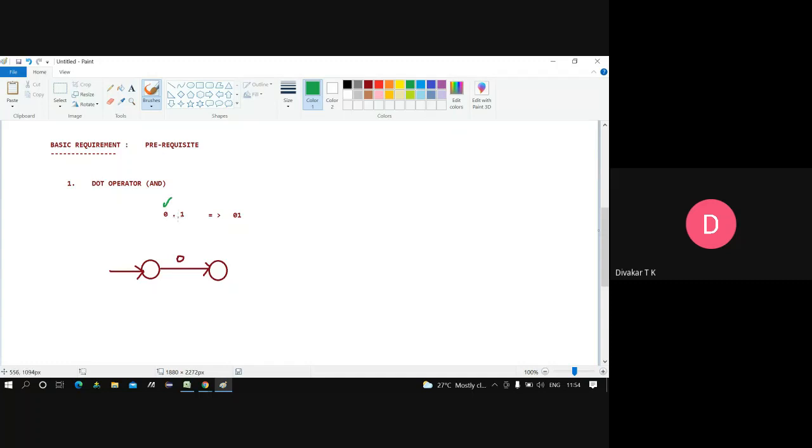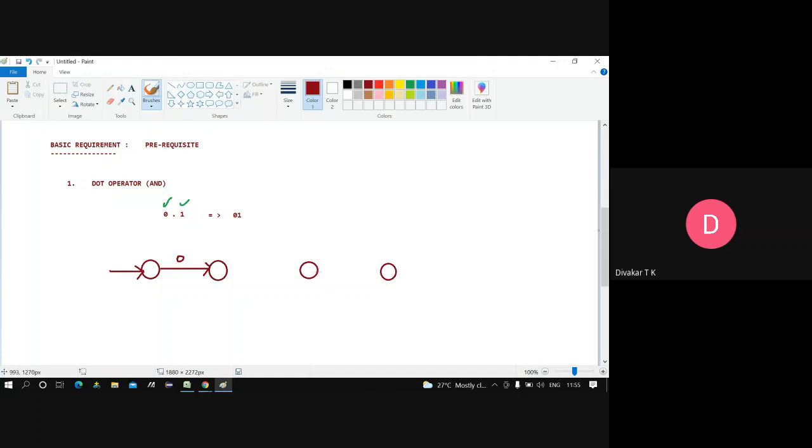Now I'll not take the dot operator right now. I'll just build my construction for the symbol 1 here. See what I'm trying to write. Understand it carefully. This is one state, and similarly to how I wrote for zero, I'm writing for 1.